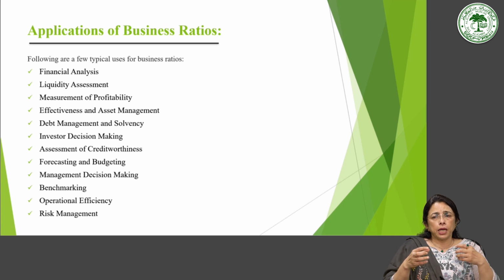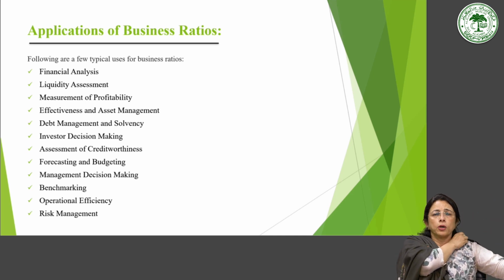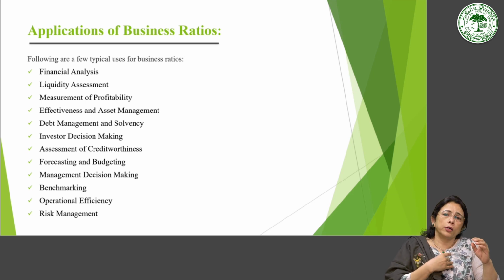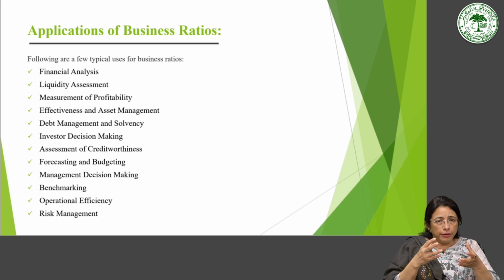At the same time, you can also evaluate the performance in comparison to past years, that is, what the company has been earning in the past. So are we investing wisely in a similar way? Those decisions can be made on the basis of certain ratios.